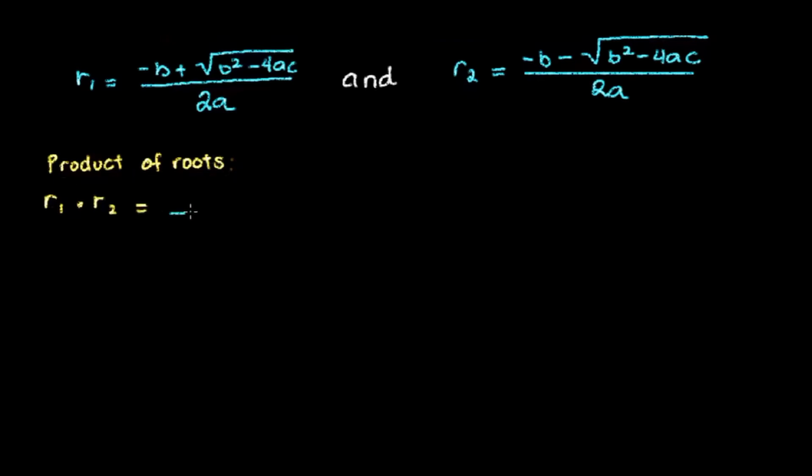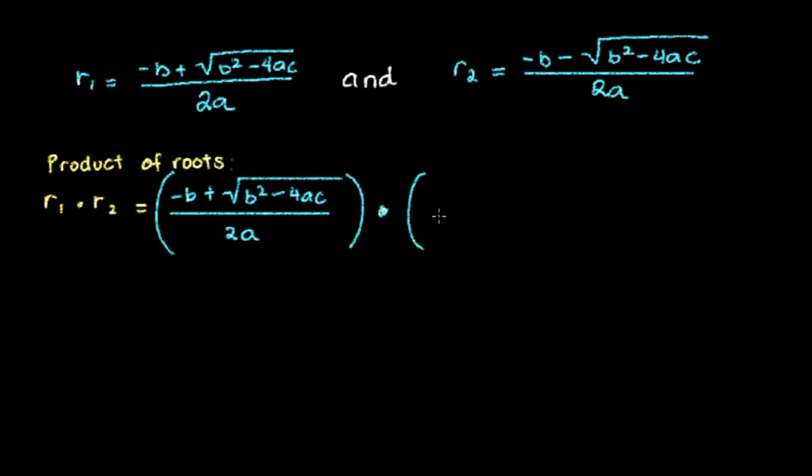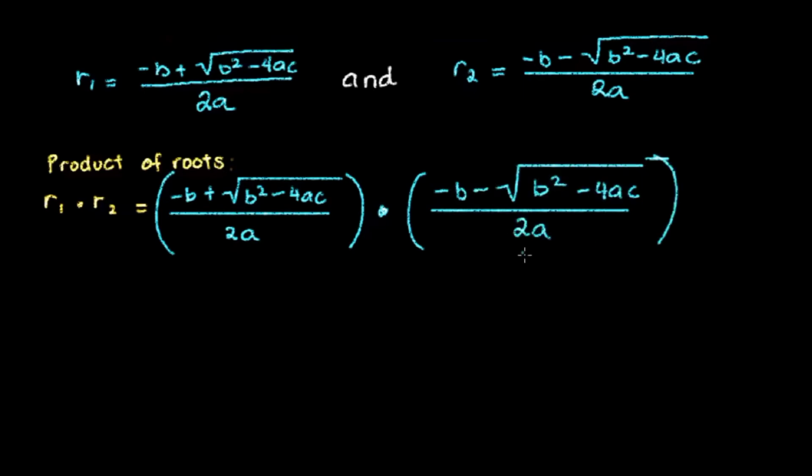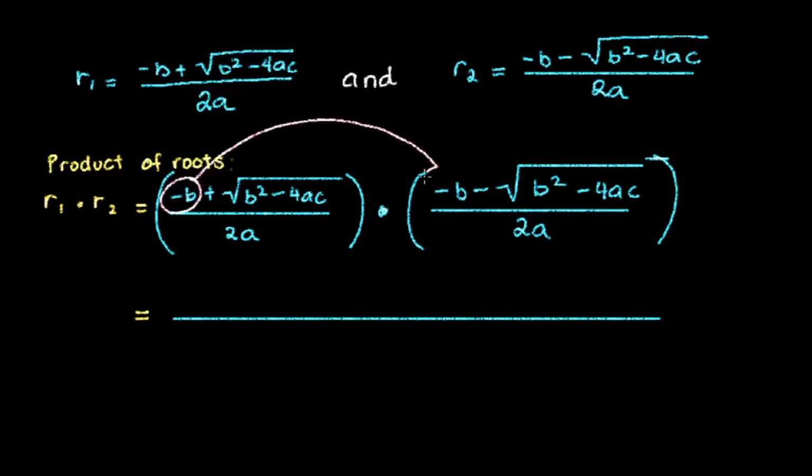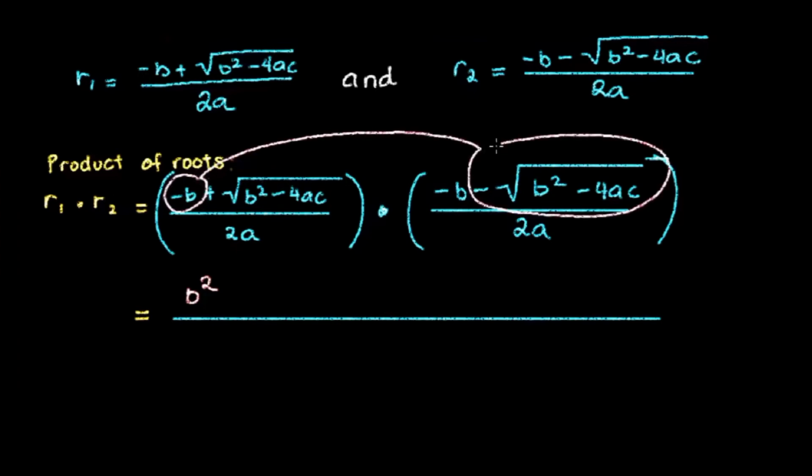Okay, R sub 1 times R sub 2, of course, we will copy the root 1 na nakalagay sa taas. And then, on the other hand, of course, multiplication yan, we have the root 2, we just copy the negative side of our equation. And then, we simplify. So, ganito lang yan kadali. At huwag kayong malilito. Of course, first term muna, gamitin natin ng FOIL, ang pinakasikat na method, no? Negative b times negative b, that is b squared. Okay?